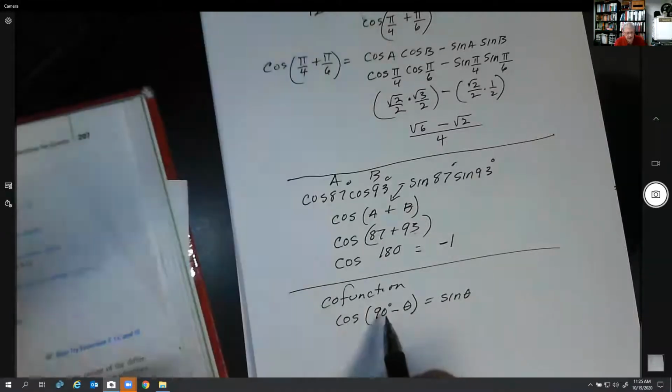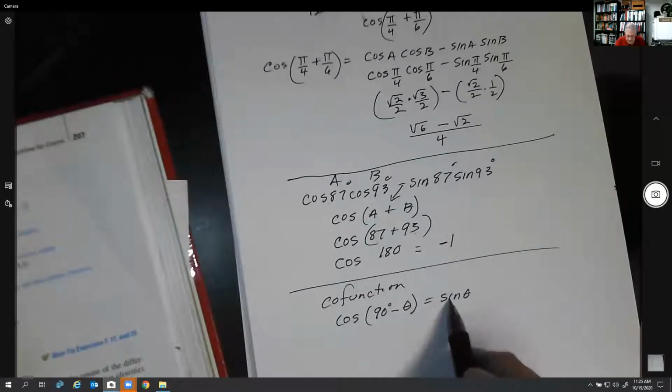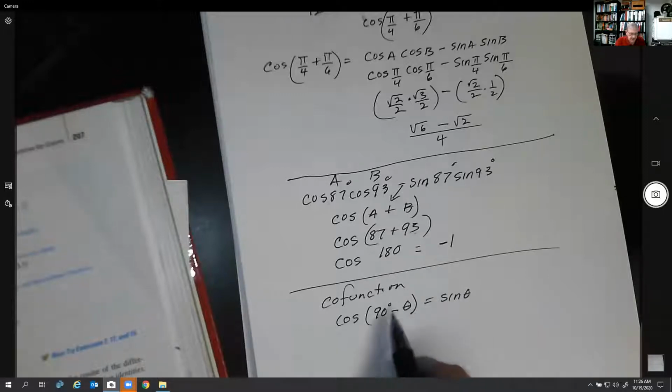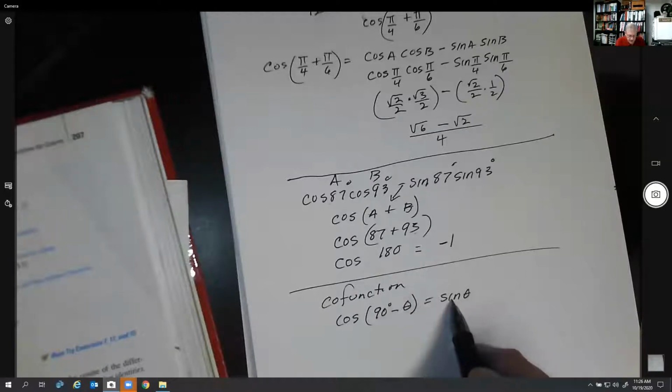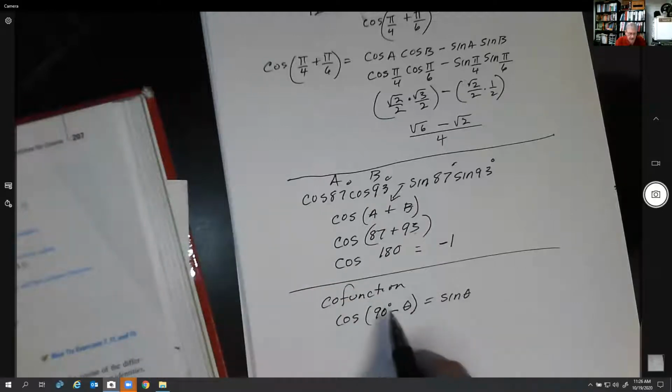Okay, so let's say this was cosine of 90 degrees minus 45, then that would be the same as sine 45. Maybe this theta was 60. This would be cosine of 90 minus 60, which is cosine of 30, would be the same as the sine of 60. The cosine of 30 and the sine of 60 should be the same.